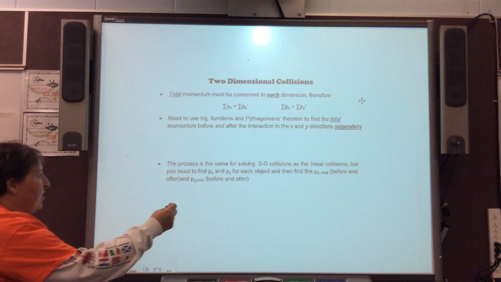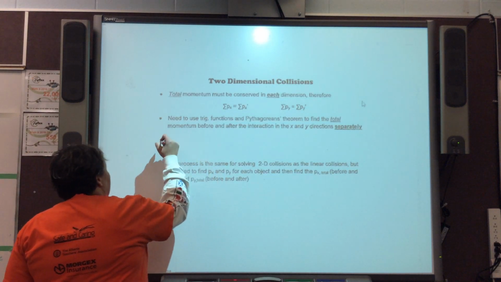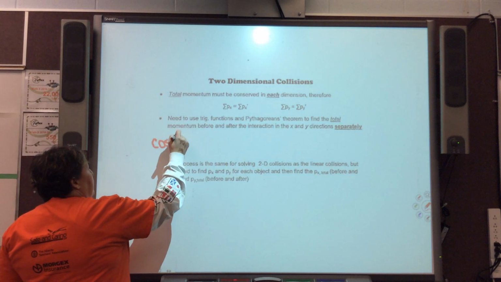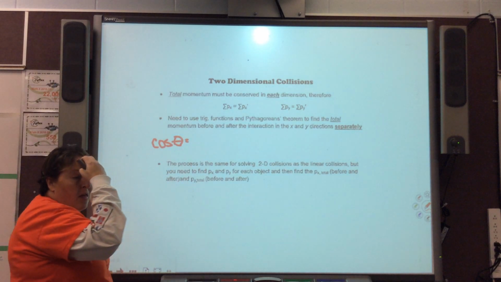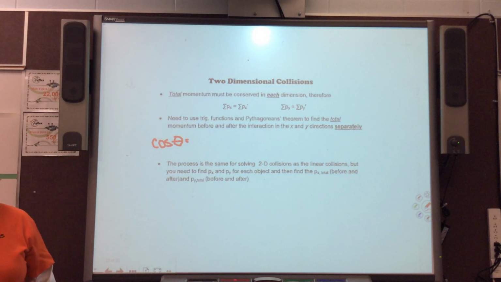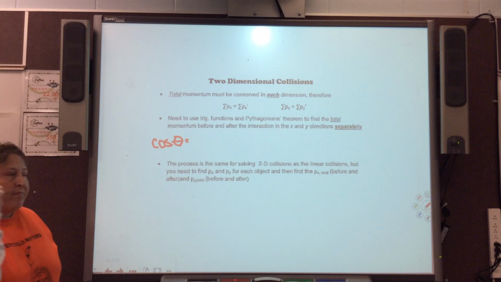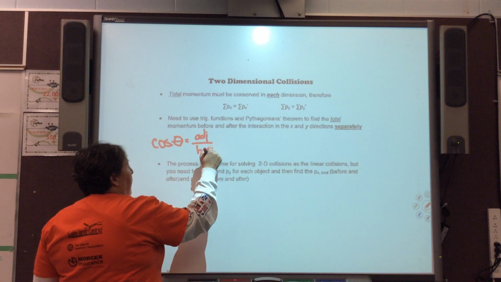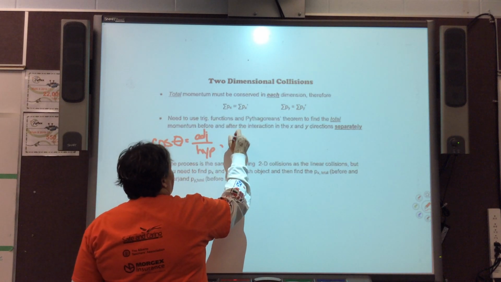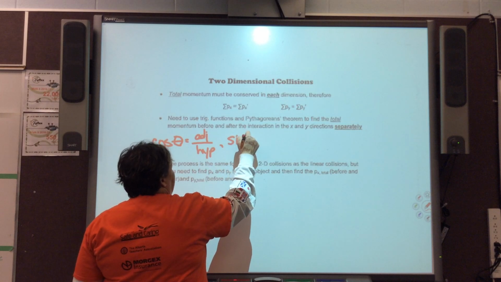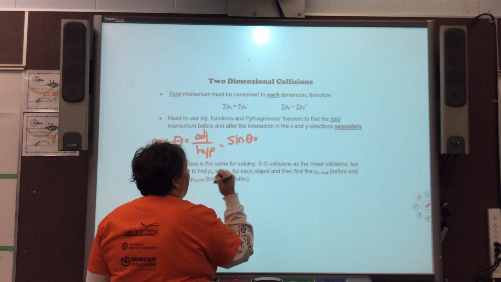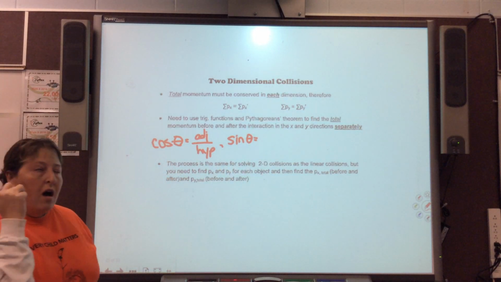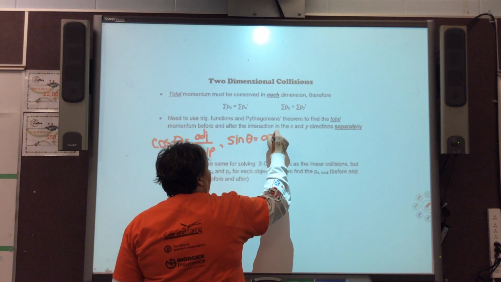And we worked lots of this last year. Cos of theta is equal to, how do we find cos theta? Adjacent over hypotenuse. The sine of theta, opposite over hypotenuse.